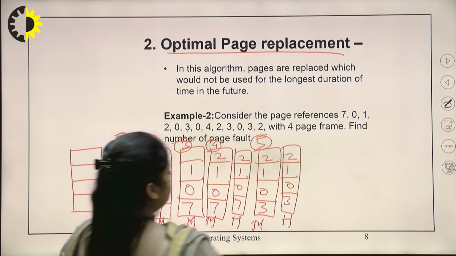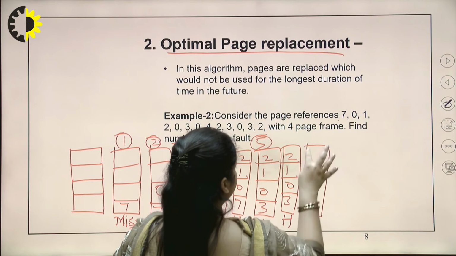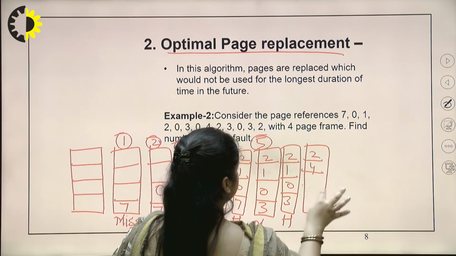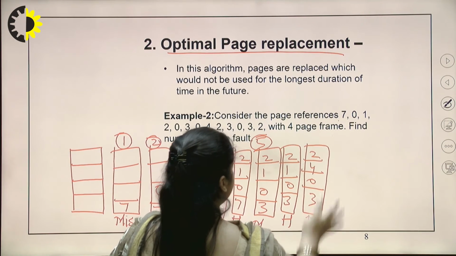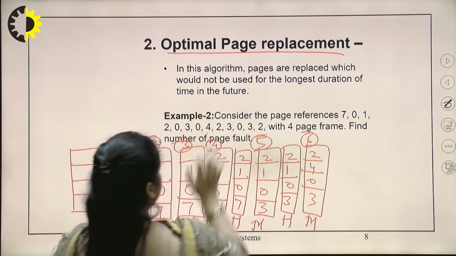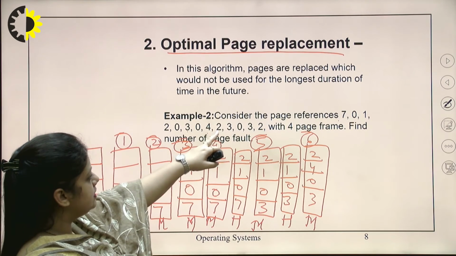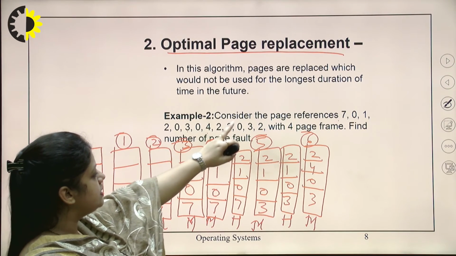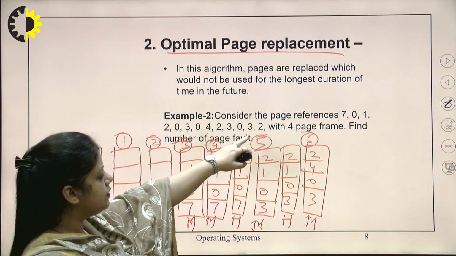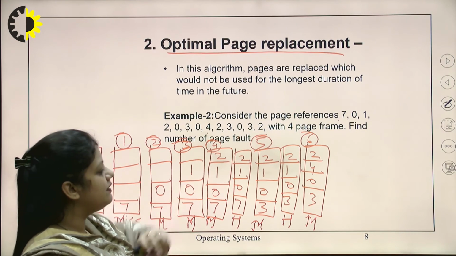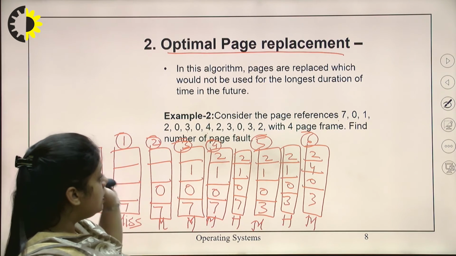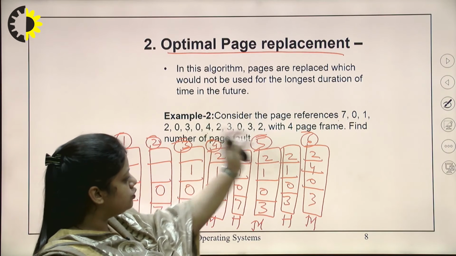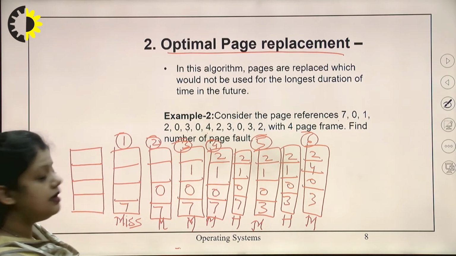So I am going to replace 1 with 4. This is again a miss. After 4, 2 is present, a hit; 3 is present, a hit; 0 is present, a hit; 3 is available, a hit; 2 is available, again a hit. So for 2, 3, 0, 3, 2, all of these are hits.